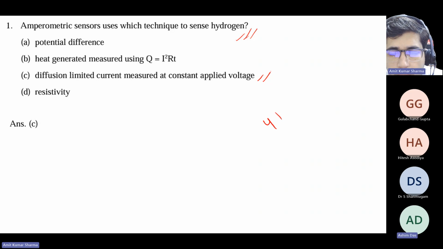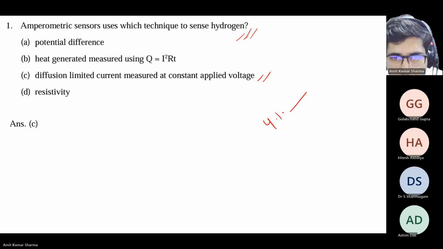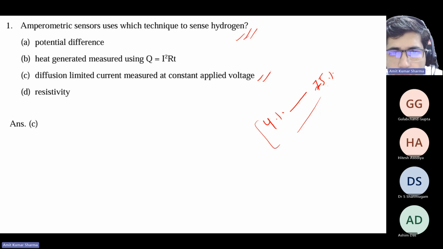The lower limit is 4%, and the upper limit is almost 75%. So this is the flammability range for hydrogen: as low as 4% concentration and as high as 75% concentration.